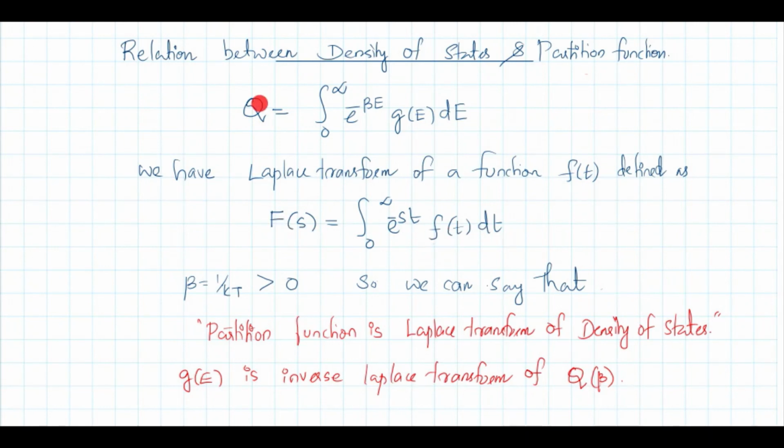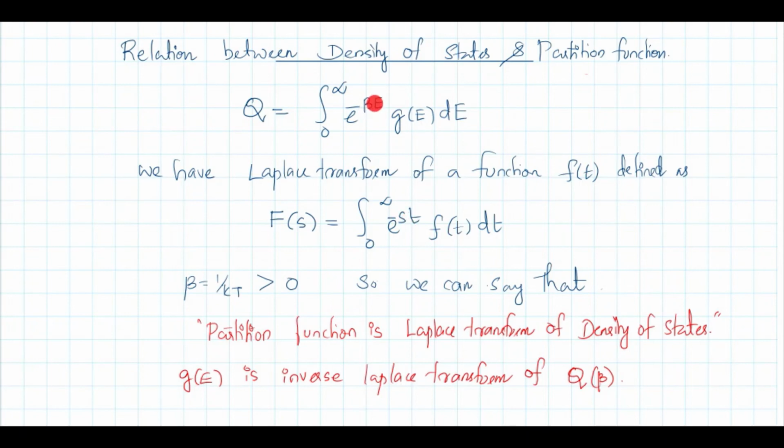So this equation for the partition function is similar to this one. Instead of t, you have e here. Instead of s, you have beta. So we can say that the partition function is the Laplace transform of the density of states. Here you have a condition, s greater than 0, for convergence.